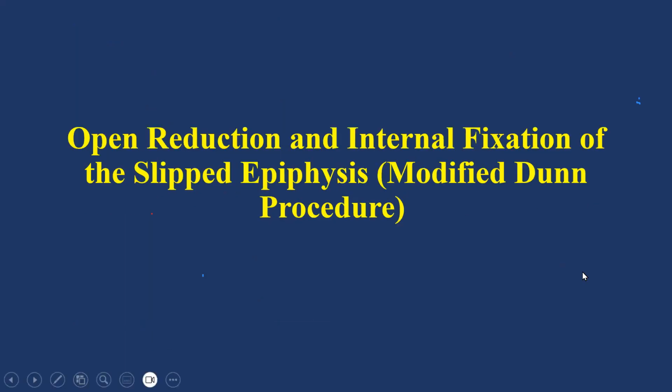Open reduction and internal fixation of the slipped epiphysis, the modified Dunn procedure. This is one of the modern techniques used, but there is an associated high incidence of avascular necrosis with this procedure.